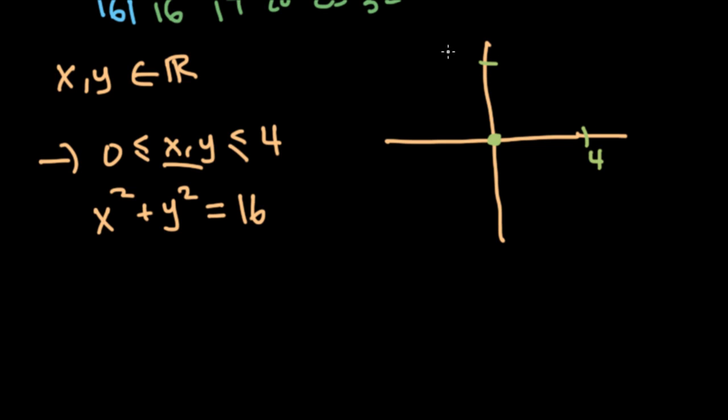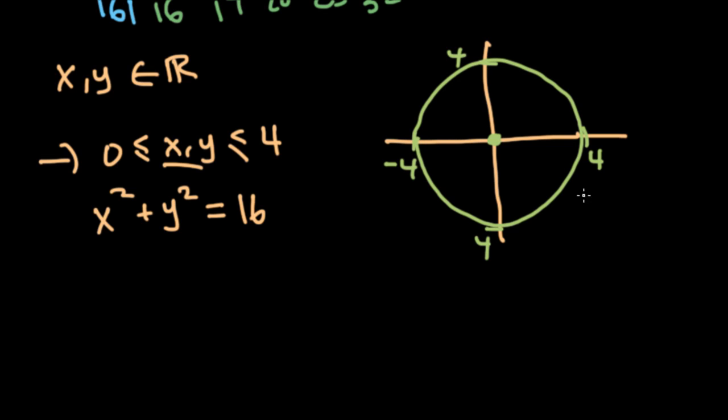That'd be a radius of 4, minus 4, 4. So it's going to be a circle. What this means is that all the points inside the circle represent x squared plus y squared less than or equal to 16.